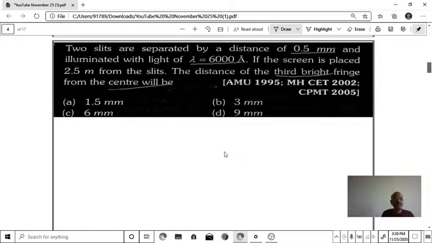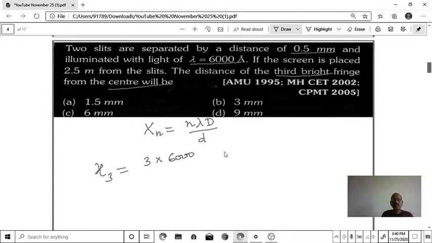The distance of nth bright fringe from the center, we know the formula, x_n equals n lambda D by small d. So for the third bright fringe, x3 with n equal to 3, so 3 into wavelength, 6000 angstrom, 10 power minus 10 meter, convert angstrom into meter, into capital D, the distance between screen and slit, 2.5 meter, SI unit given, directly go ahead.